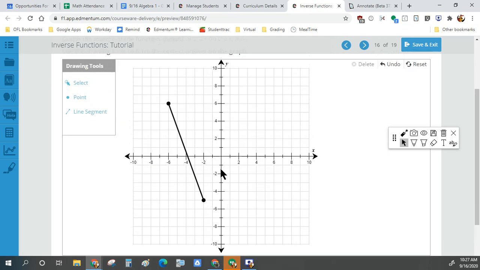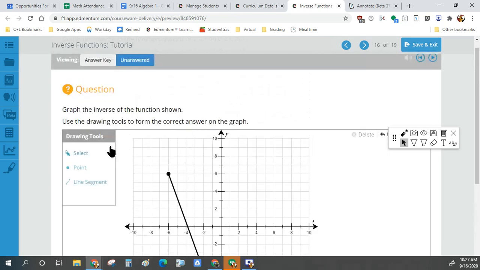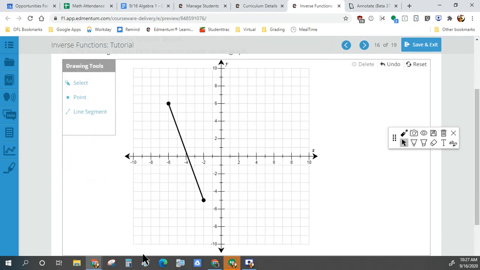All right. So here's our line here. It wants us to do the inverse using these tools. Well, the easiest way to do this is I'm going to figure out what this point is, and then I'm going to figure out what this point is over here. The top point is negative 6, comma 6.